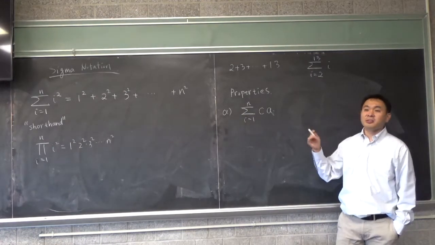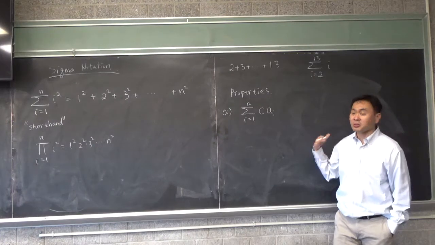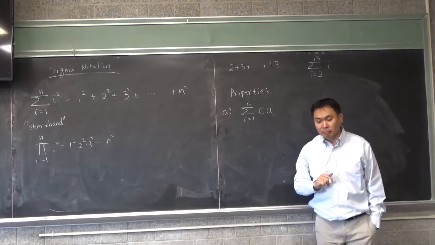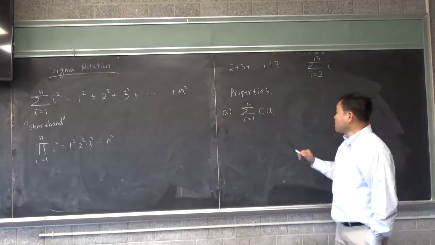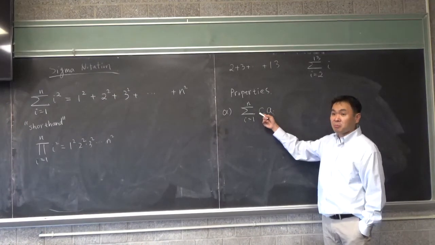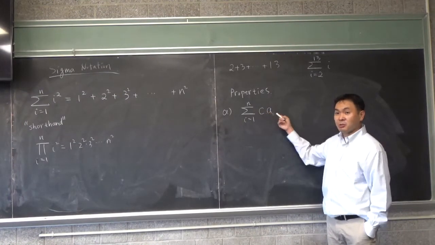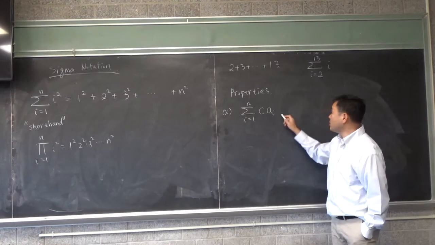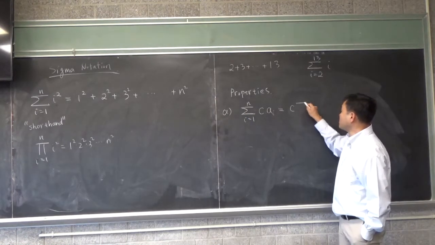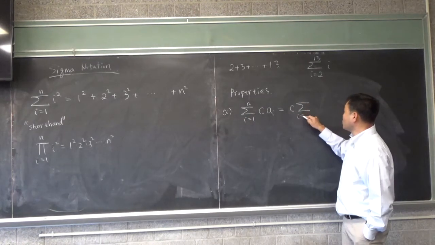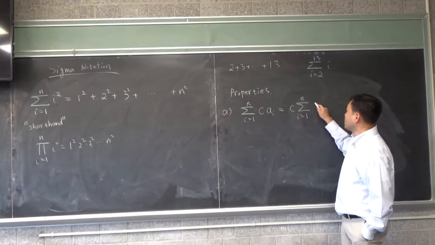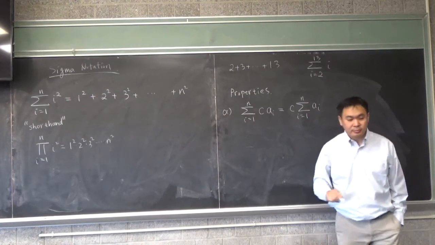Let's say there is a sequence of numbers that's already given to you. Okay? And we're just denoting like that. The first property is that if you have a constant C multiplied to some sequence of numbers and you're adding them, that's same as C times summation of i equals 1 through n of a_i. Okay.